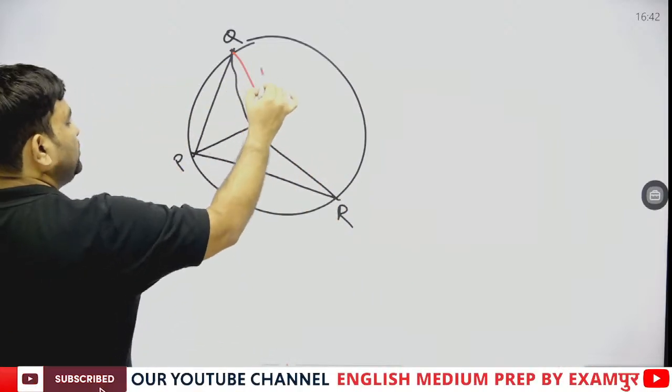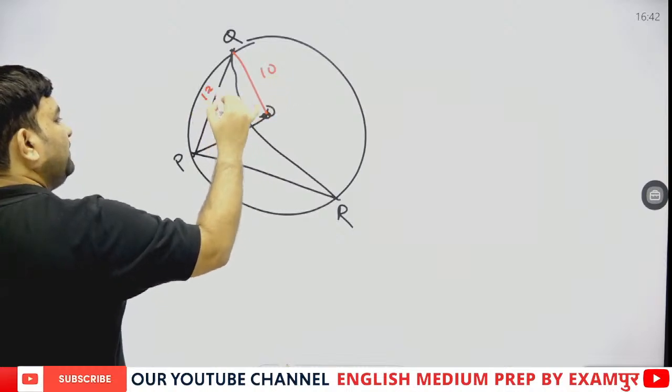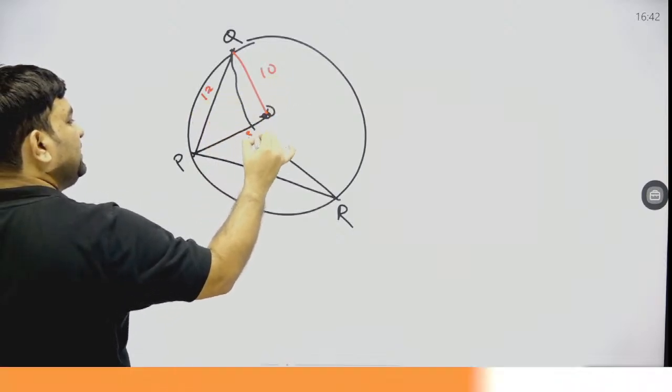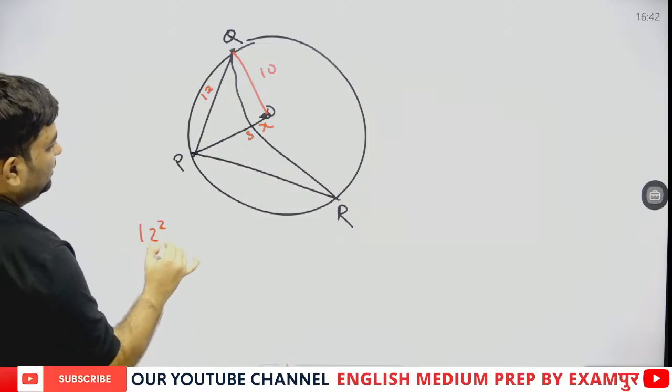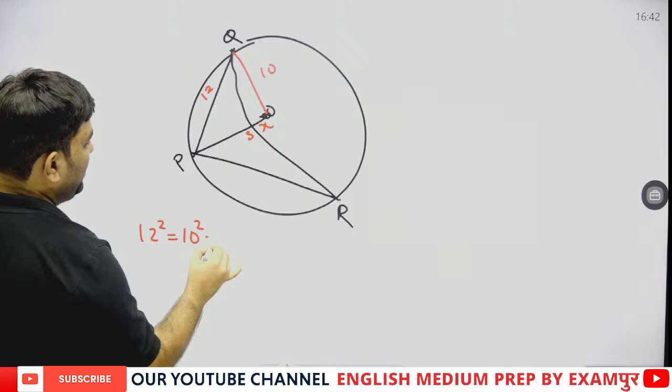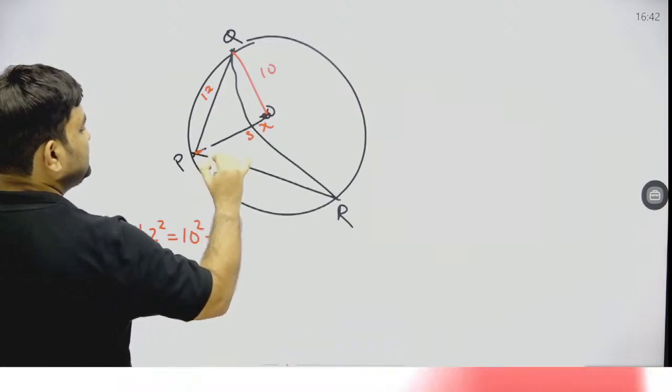I think the radius was 10. This was 12. Assume this as x. So 12 square is equal to 10 x square plus, what is PS?